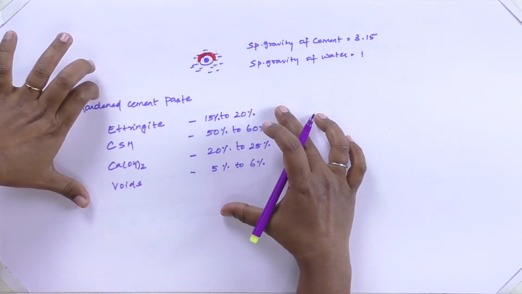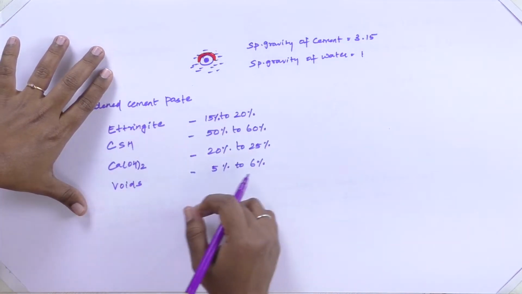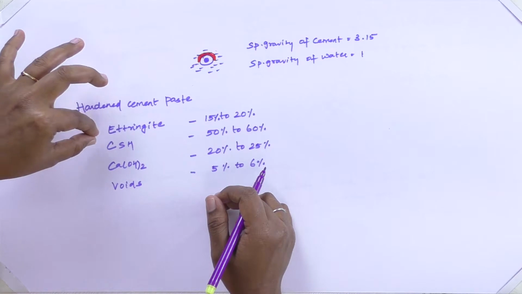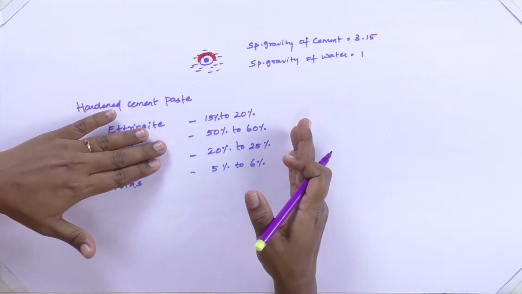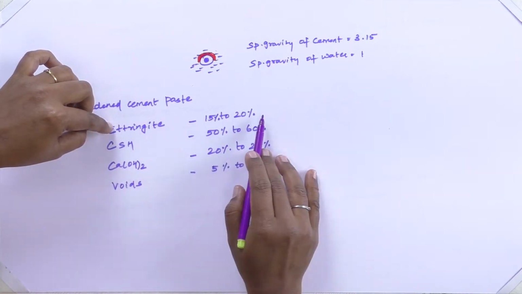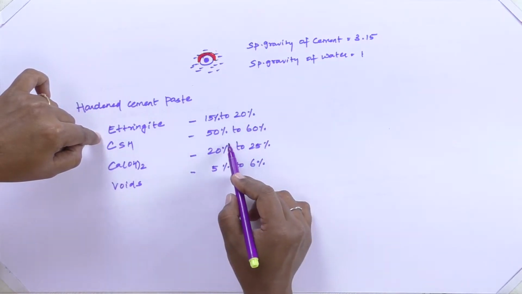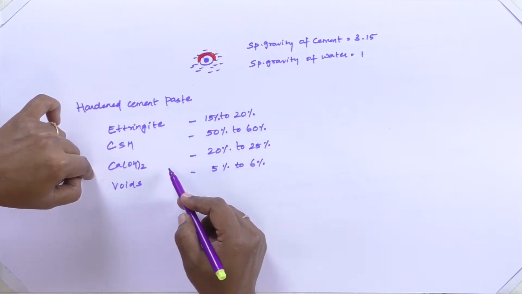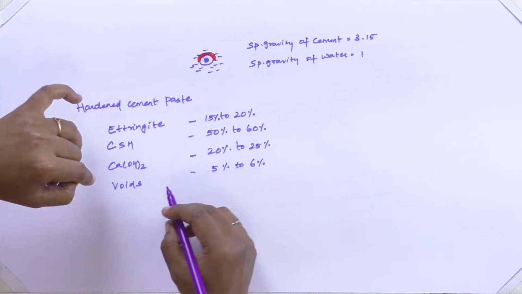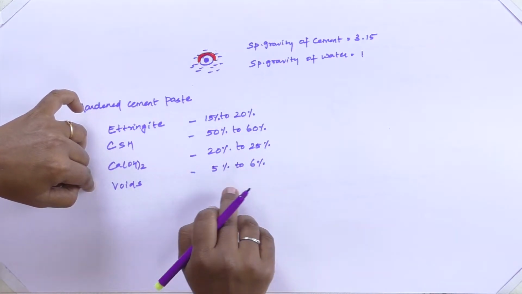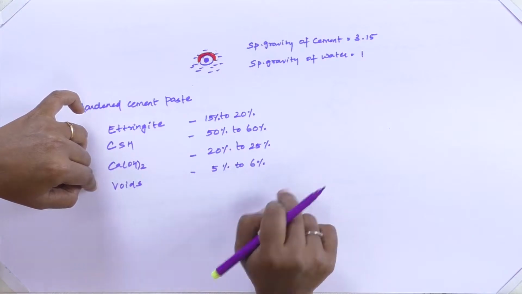In a hydrated cement paste, this is the volume range each compound will occupy. Ettringite will be in the range of 15% to 20%, CSH 50% to 60%, Ca(OH)2 20 to 25%, and the remaining air voids will be in the range of 5 to 6%.